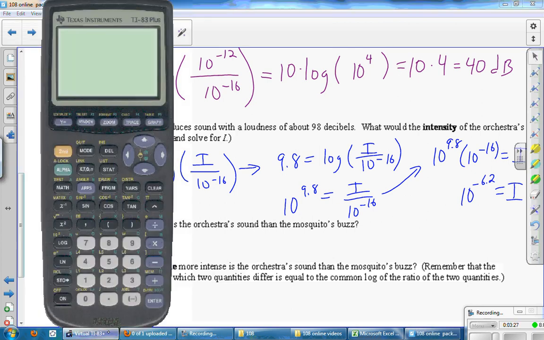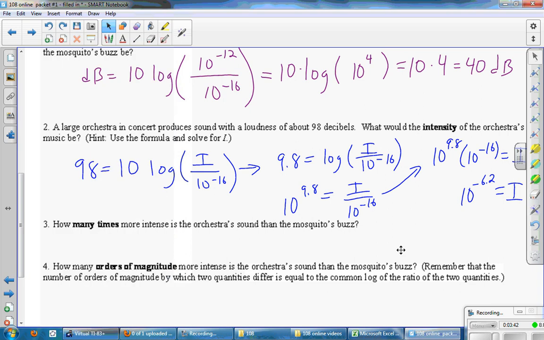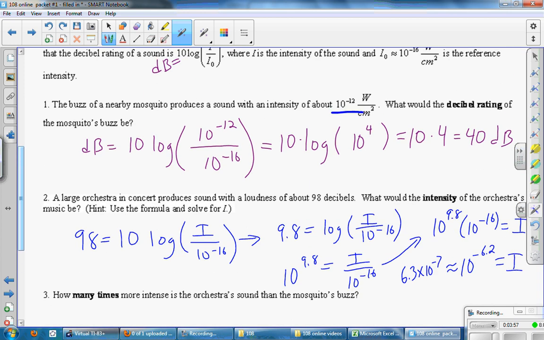We can estimate this from the calculator, and whatever we get will be the intensity of the sound made by the orchestra. So about 6.3 times 10 to the minus 7. It doesn't seem like much. 10 to the minus 7 is very close to 0, but if you look back at the mosquito buzzing, its intensity was 10 to the minus 12, much closer to 0. 10 to the minus 7 apparently is about how loud an orchestra is.